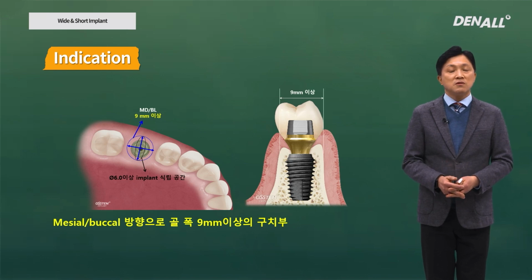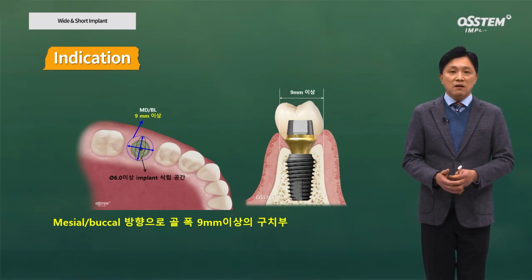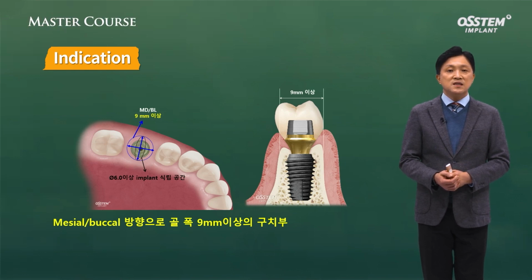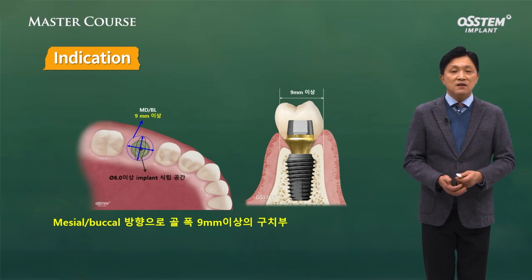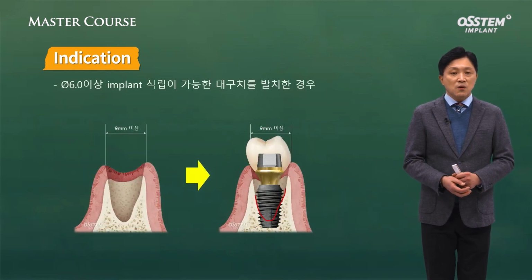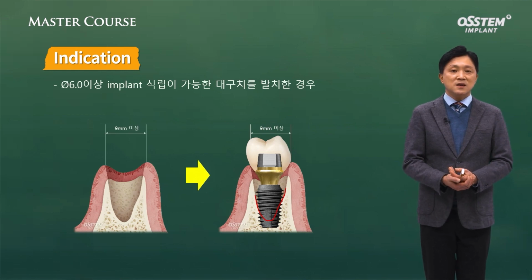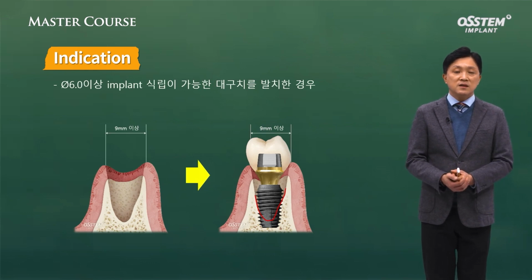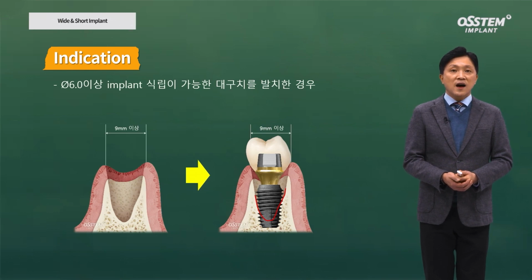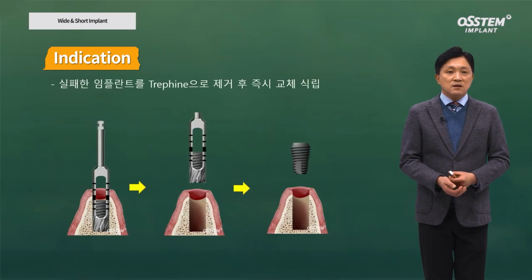I think the minimum should be 9 millimeters in diameter, and to be on the safe side, 10 millimeters of ridge is where this type of implant would be good for. And right after extraction, if you want to do immediate implant placement to narrow the open area, you typically use these wide types of implants.